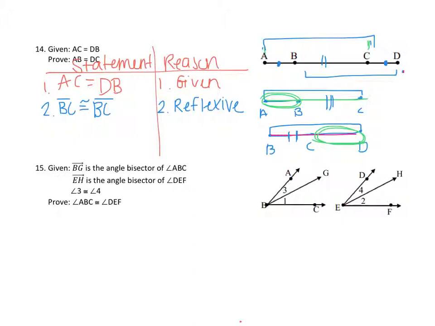So if I start with whole segment AC and I take away BC, it's gone. I'm only left with AB. And if I do something similar to the other segment, I start with whole segment BD and I take away BC again, I'm only left with CD. That means that AB must be the same as CD by some property called subtraction.